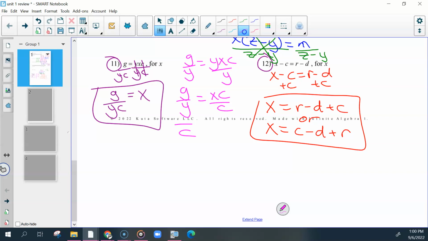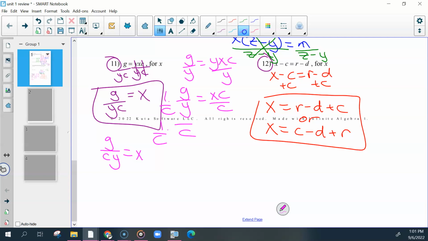Here, you'd have a fraction within a fraction. In math, we don't like that. So you would have to multiply by the reciprocal of this. So you'd end up with cy, yc does not matter. So you get the same thing, but there's more steps if you do them individually.